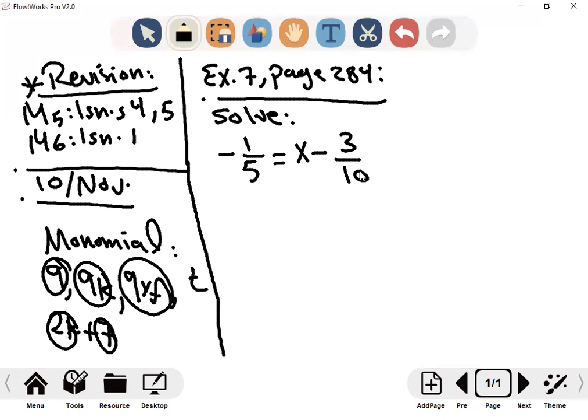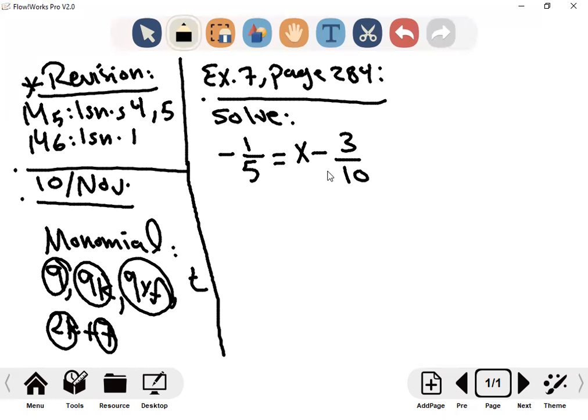Here we have a one step equation, right? And what do we call it? We call it a subtraction equation. We took 4 types of equations: subtraction, addition, multiplication, and division, right? Here we have a subtraction equation. This is the variable, and the -3/10, what do we call this number?